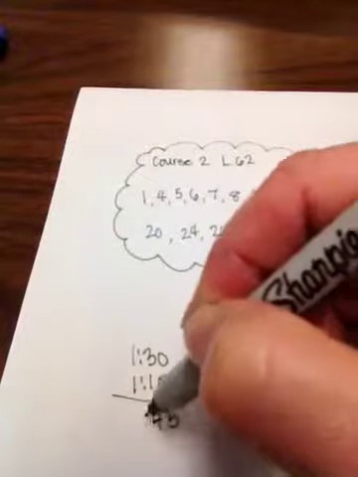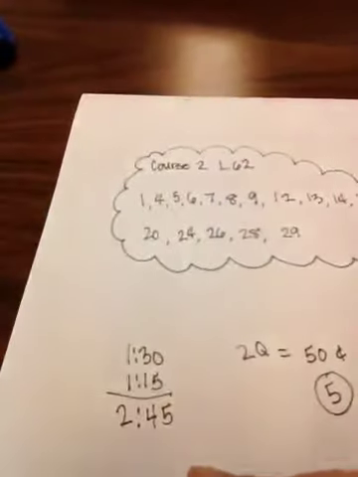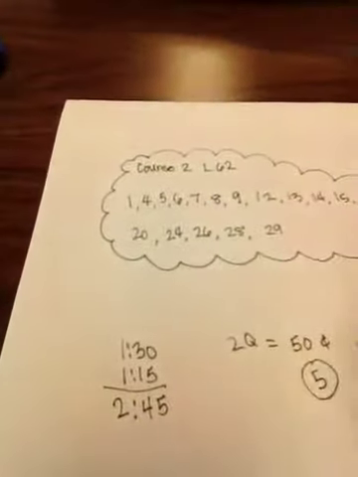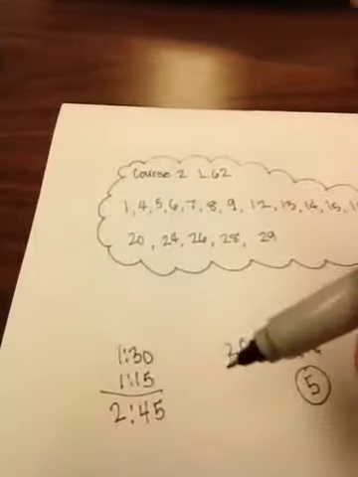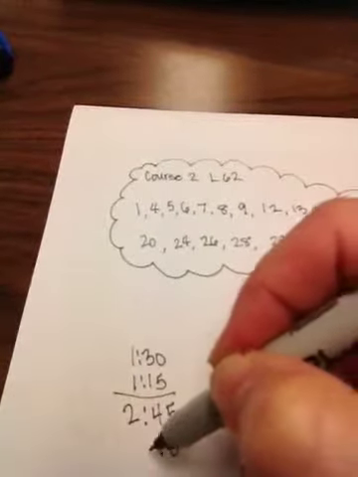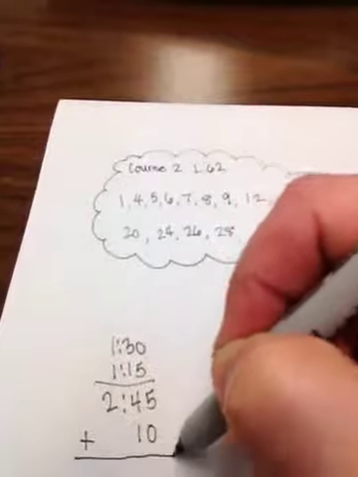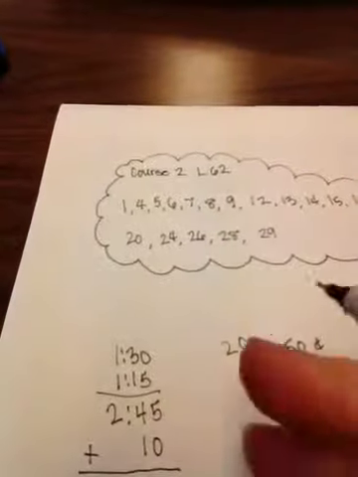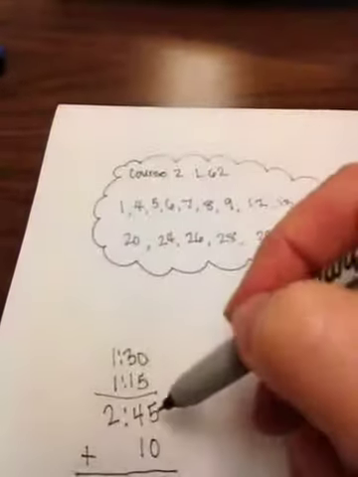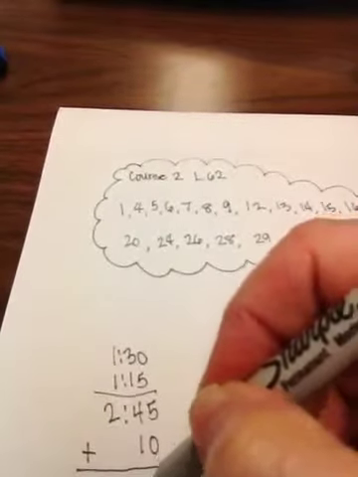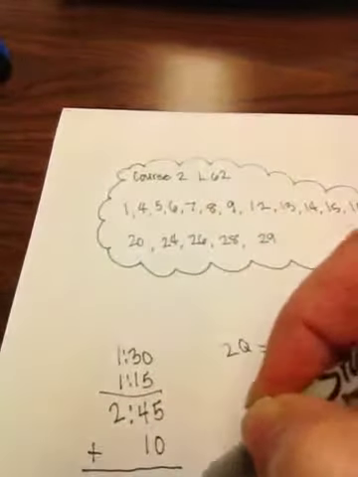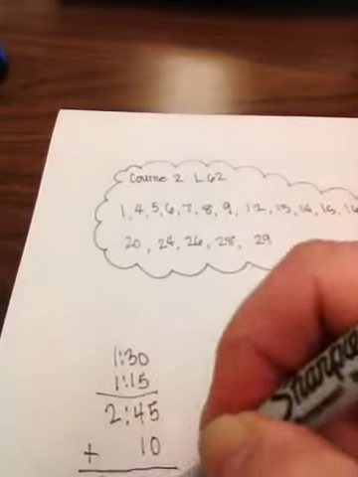Oh, we get a 2:45. However, that's not our answer because if we remember, she had 10 minutes already on that parking meter that she kind of got for free. So let's add 10 minutes to this. We get 2:55 p.m.